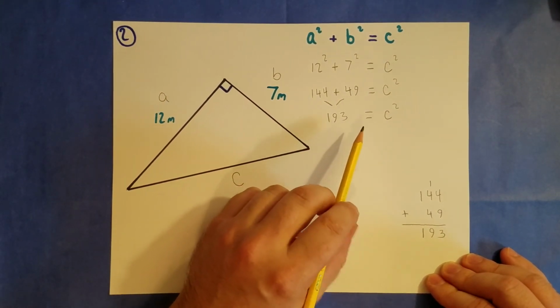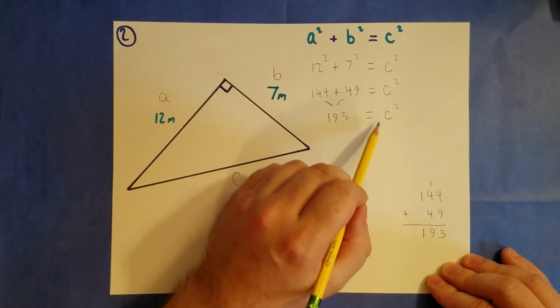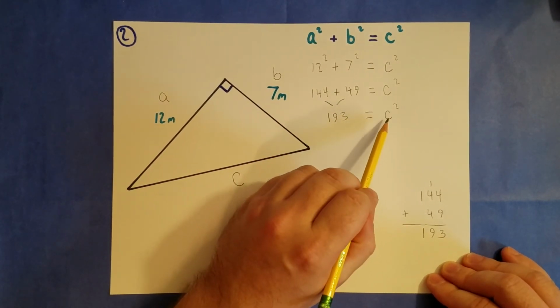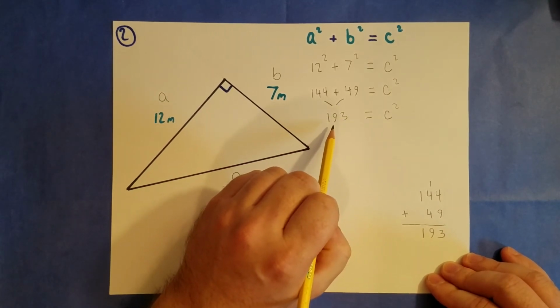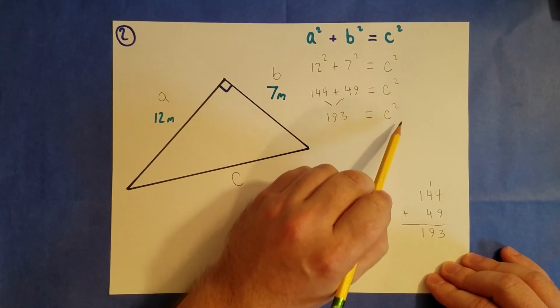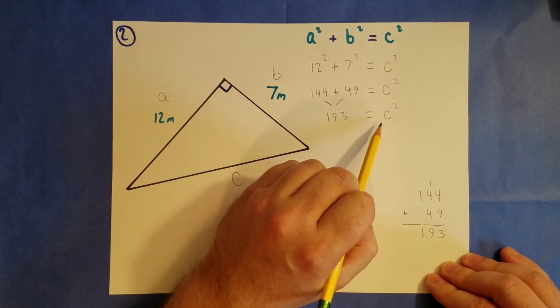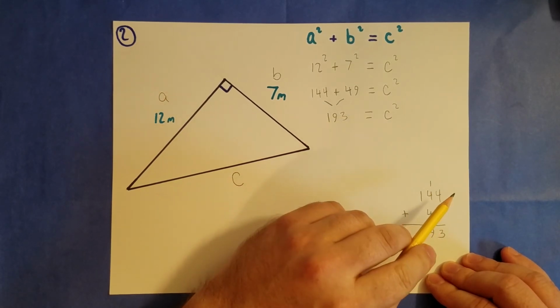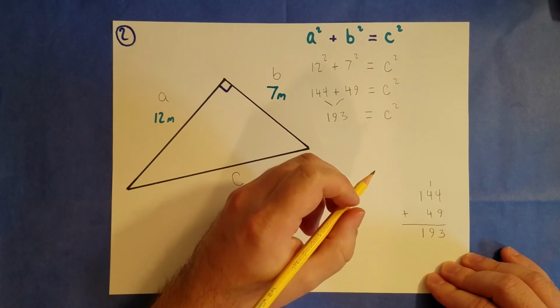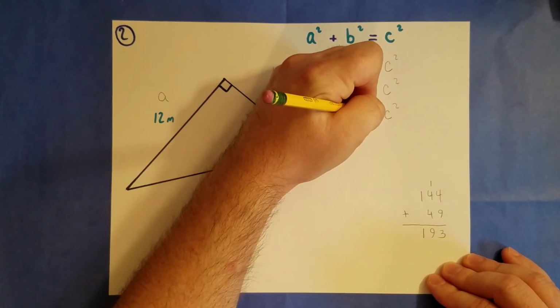And again, a lot of us might struggle with dealing with these square roots. So c squared, some number squared, is going to give me 193. How do I undo the squaring of a number? Think for a second. What is the opposite of squaring a number? If you said finding its square root, you were 100% right.